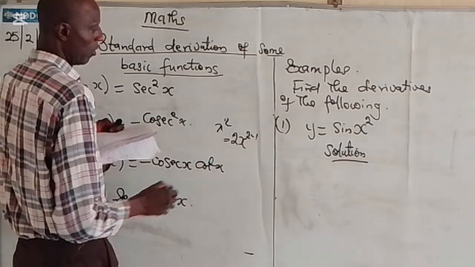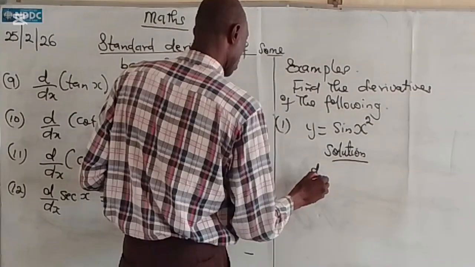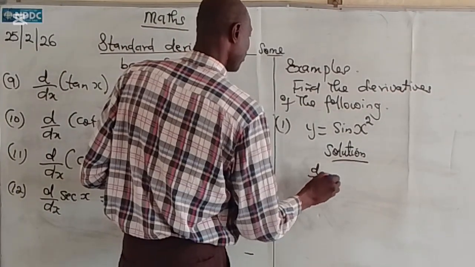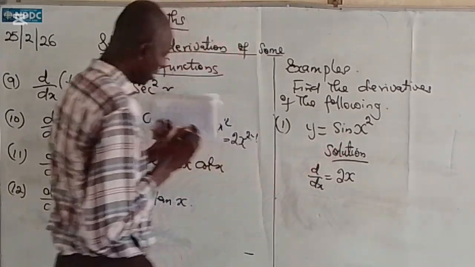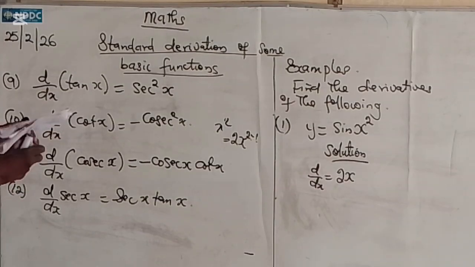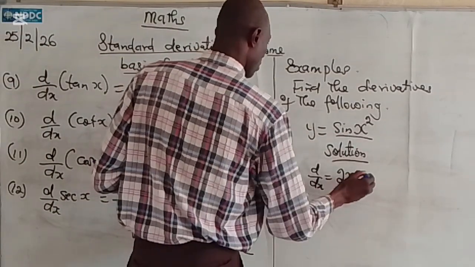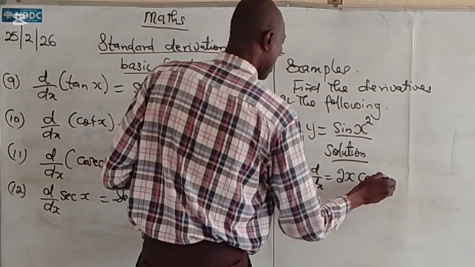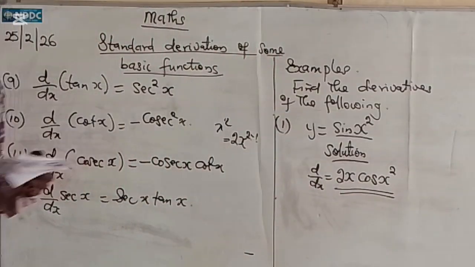What is 2 minus 1? 1. So dy over dx is equal to 2x. What is sine x when differentiated? It is cos x. So we will not differentiate everything again. It gives us cos x raised to power 2. So this is the answer.